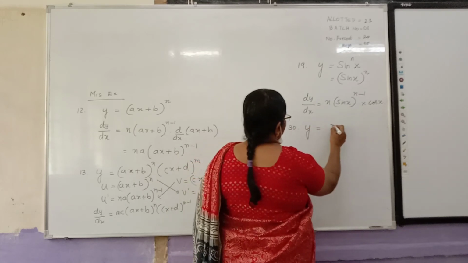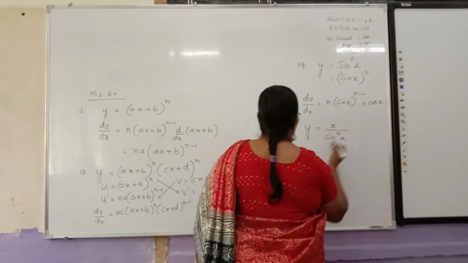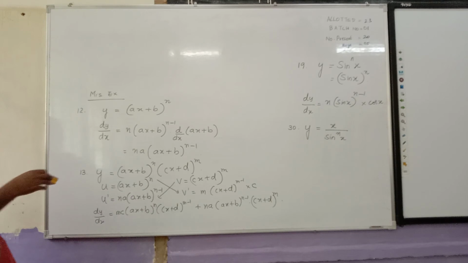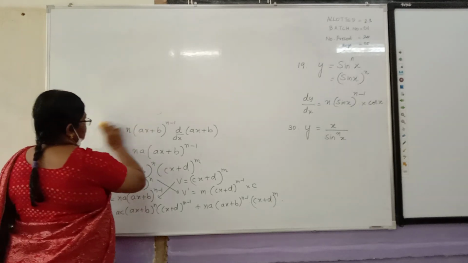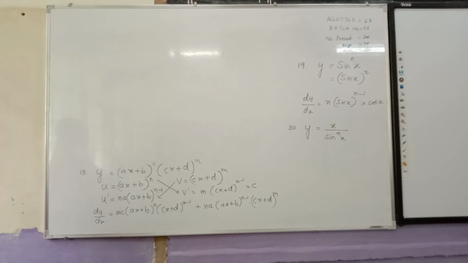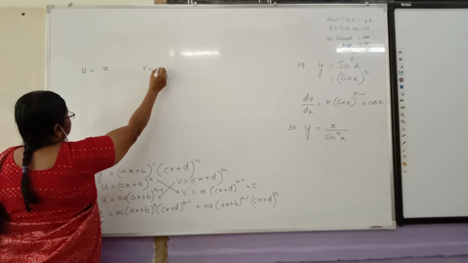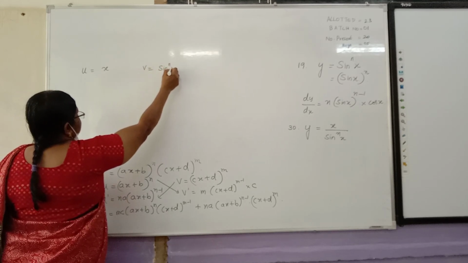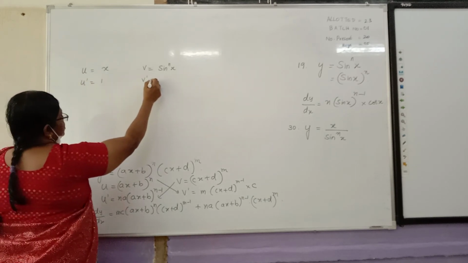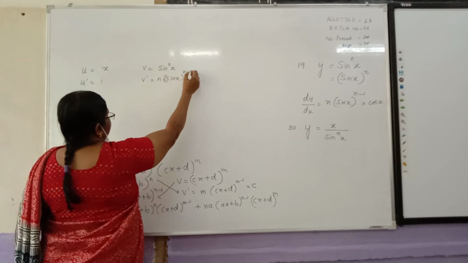y equal to x by sin nx. So your u is x, v is sin nx. Since we have done it, u dash is 1, v dash is n into (sin x) the whole power n minus 1 cos x.